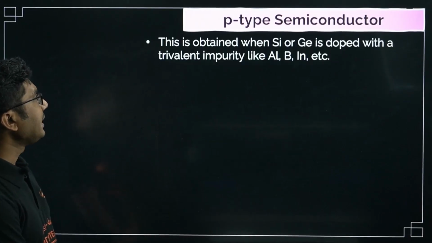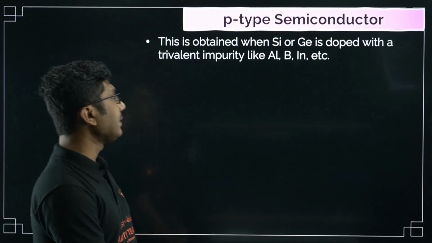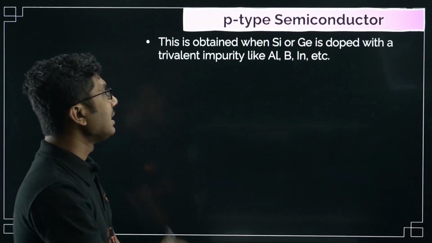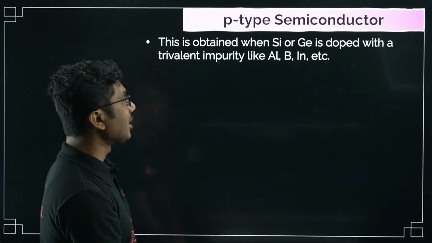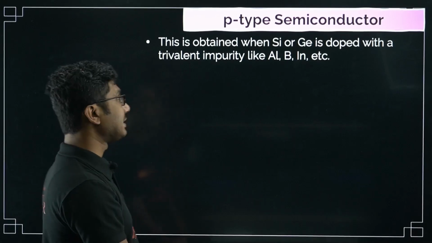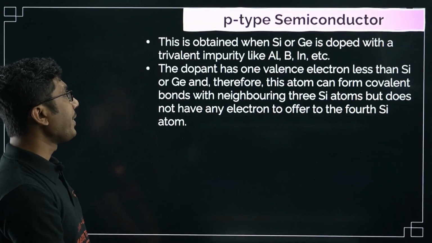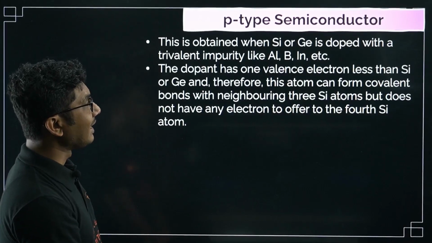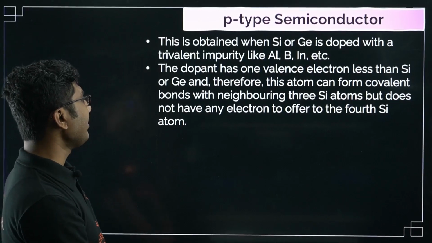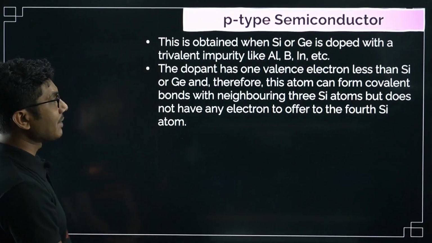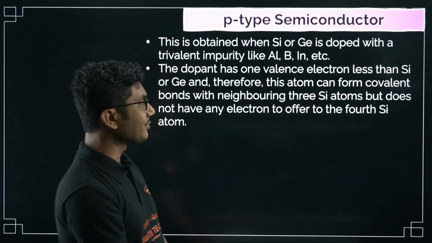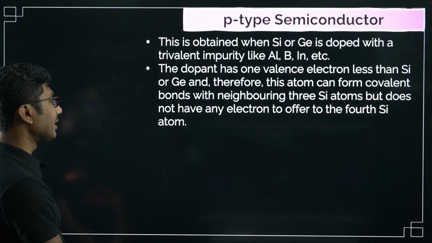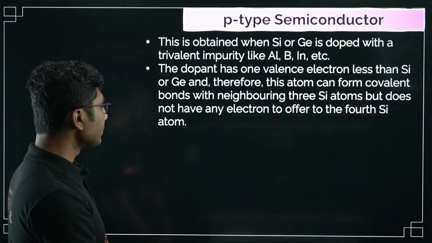Let's move on. P-type semiconductor. This is obtained when silicon or germanium is doped with a trivalent impurity like aluminium, boron, indium, etc. The dopant has one valence electron less than that of silicon and germanium, and therefore this atom can form covalent bonds with neighboring 3 silicon atoms but does not have any electrons to offer to the 4th silicon atom.